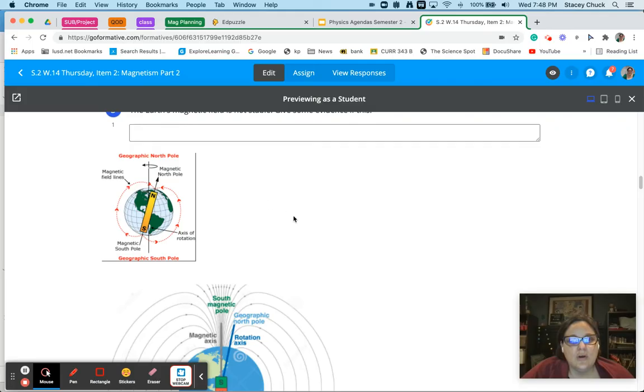And so we call the north end of a magnet the north-seeking end. So the red tip of the compass is north-seeking, meaning it's attracted to the North Pole. Now, if you were to use a compass and a magnet, you would find that the magnet actually attracts to the South Pole of the magnet.